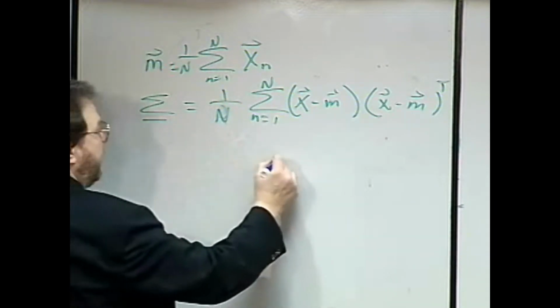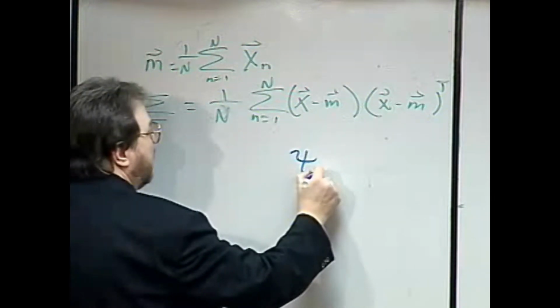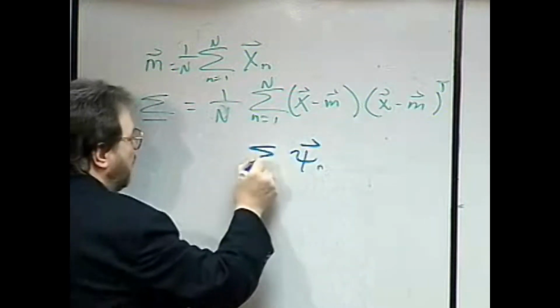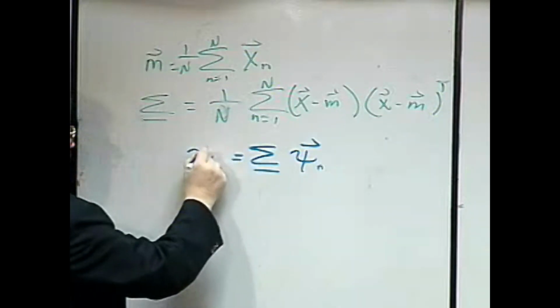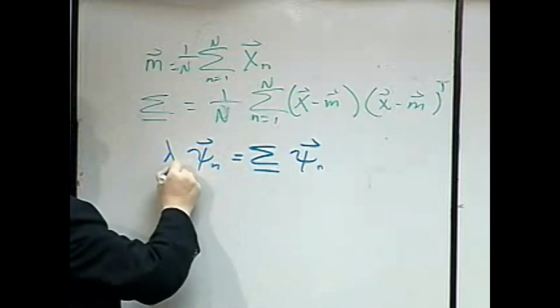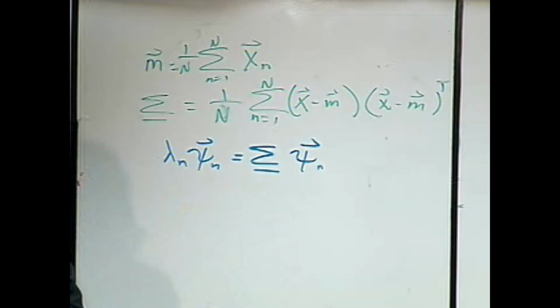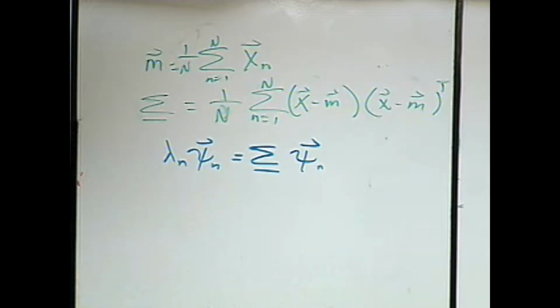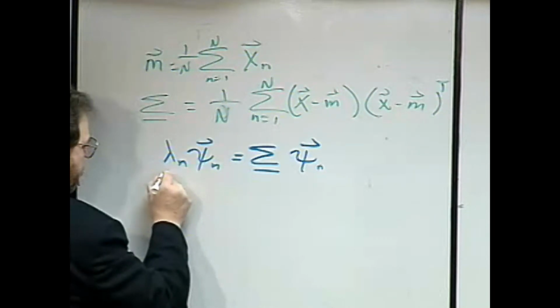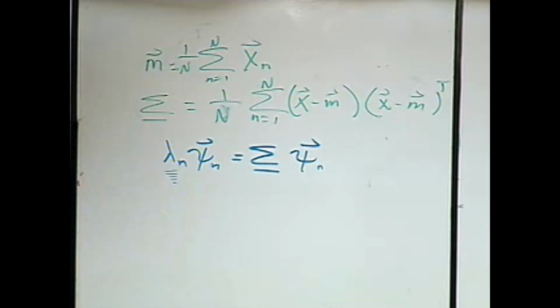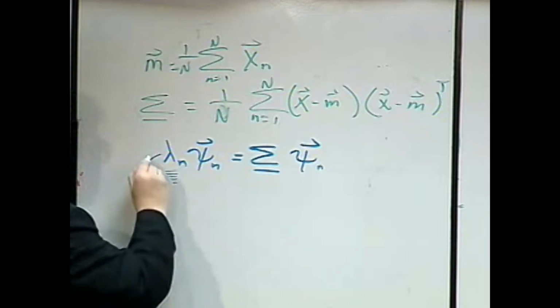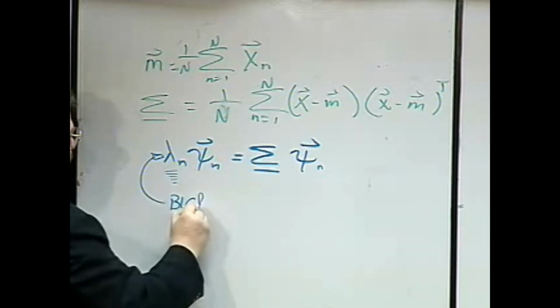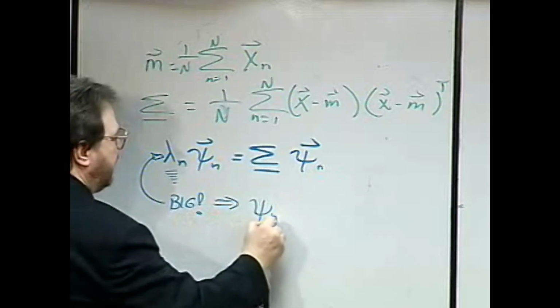That is, there does exist a set of vectors, with lambda sub n, so that when we multiply this by the covariance matrix, we get back something which is proportional to the original vector. You've seen eigenvalues before. Well, the interesting aspect of these eigenvalues is they tell us the dimensions of the ellipse on which things are fit. And if these lambda n's are big, that means that psi sub n is important.